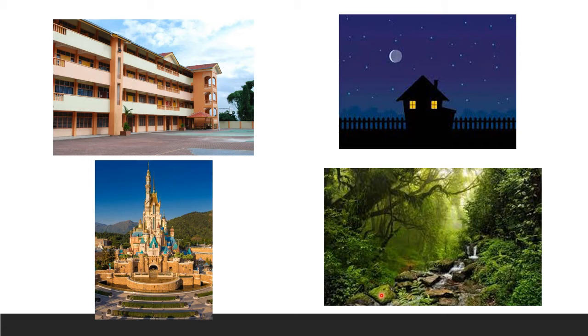My setting is in the jungle. In the jungle they have animals. They have a beautiful place. They have a small river here. These are the setting, the place that you want to put in the stories, or the atmosphere, or all the surroundings.